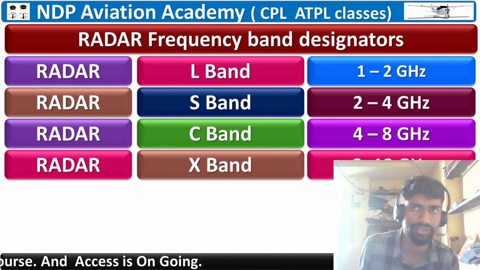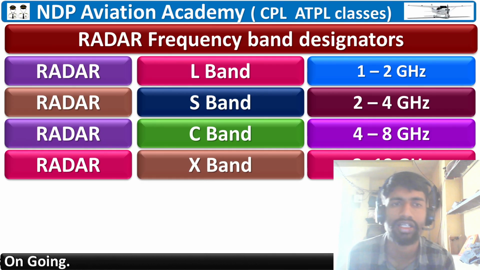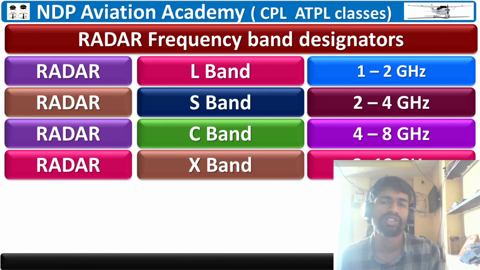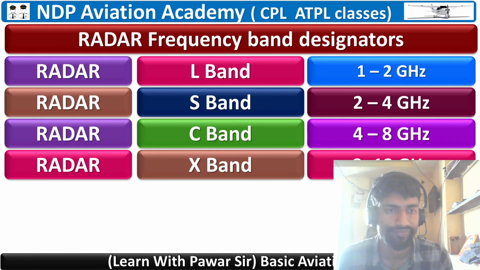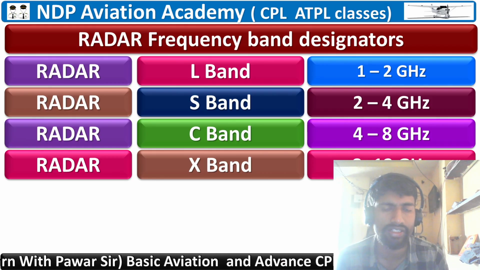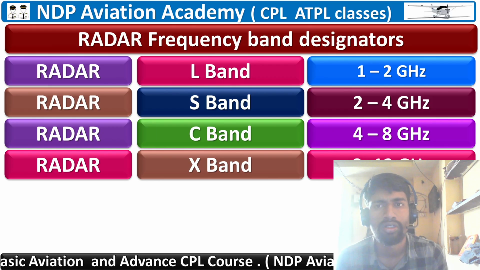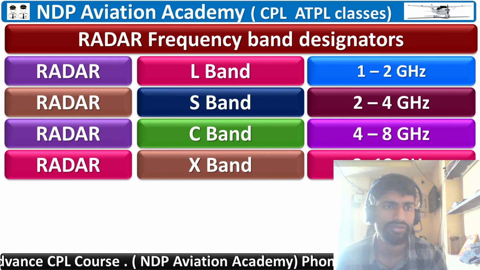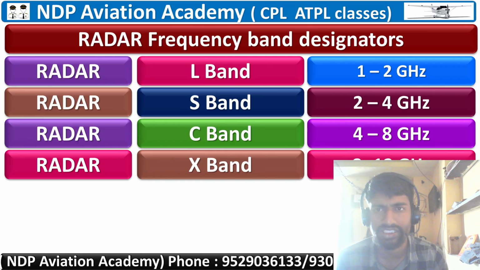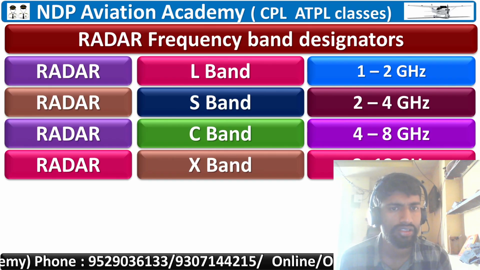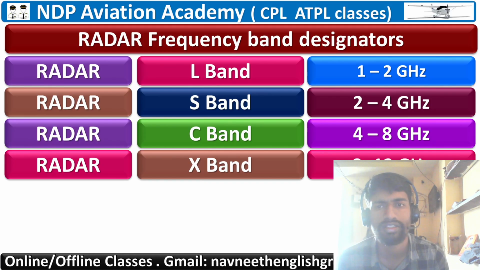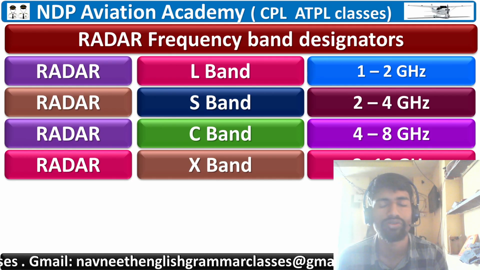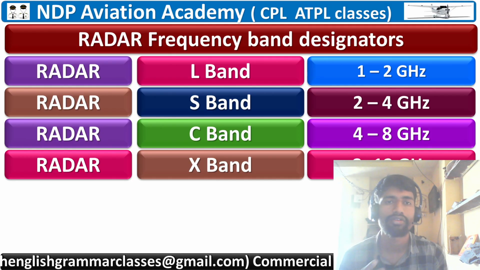I will explain again, and then I go to the next. So radar L band is 1 to 2 gigahertz, radar S band is 2 to 4 gigahertz, radar C band is 4 to 8 gigahertz, and radar X band is 8 to 12 gigahertz. Now I will close my eyes and try to explain again.